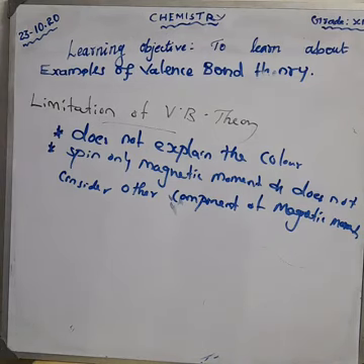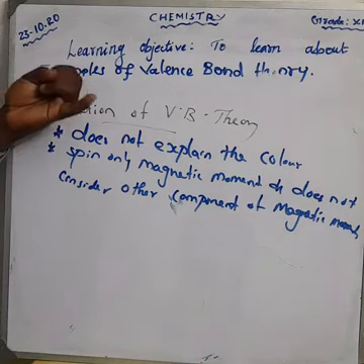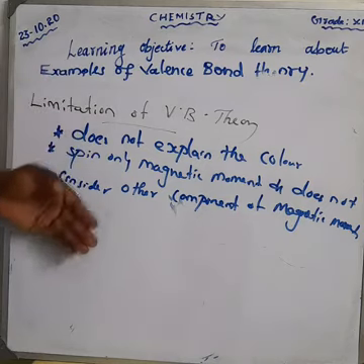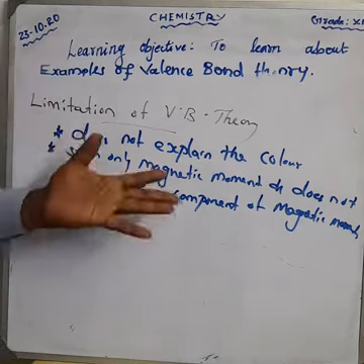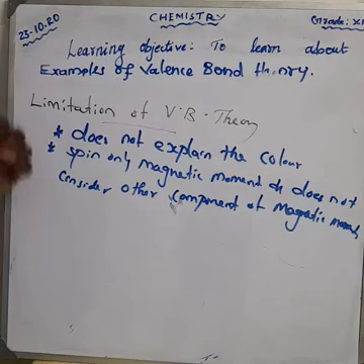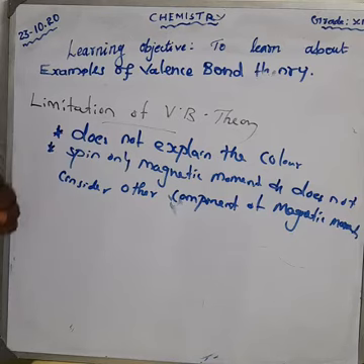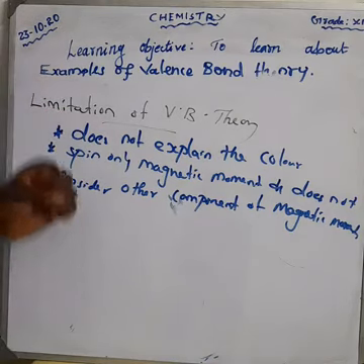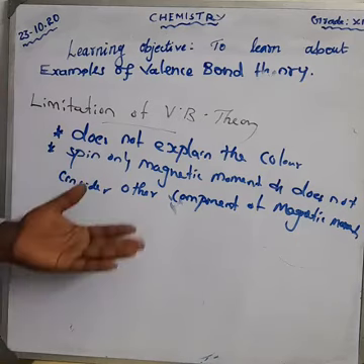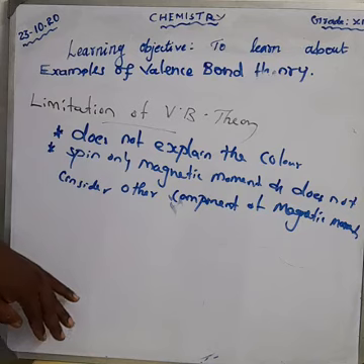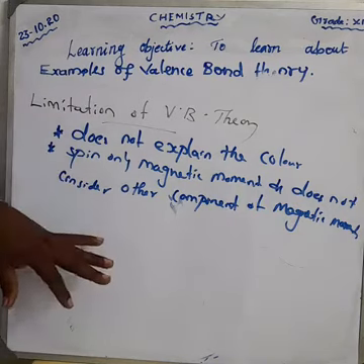And also, it does not provide a quantitative explanation as to why certain complexes are inner orbital complexes and others are outer orbital complexes. For example, we learned that Fe(CN)6 4 minus is diamagnetic, a low spin complex, whereas FeF6 is paramagnetic, a high spin complex. It does not explain why certain complexes are inner orbital and certain complexes are outer orbital.